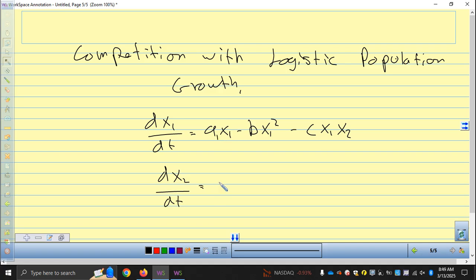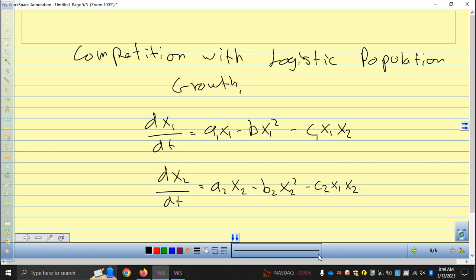I'm going to make these all 1s and then make these all 2s: a2x2 minus b2x2 squared minus c2x1x2. And we could also add a logistic term to the predator-prey model if we wanted. Logistic growth is probably a more accurate description of population growth in general, so it's not unlimited exponential either way.